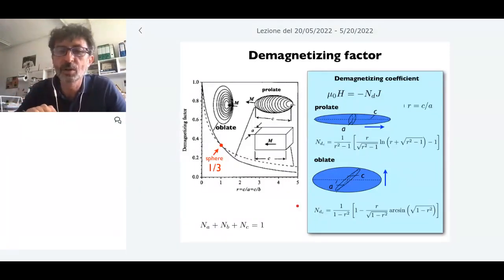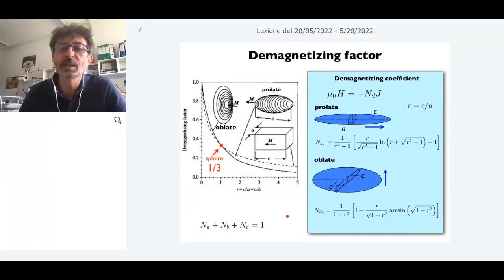It is not a direction of easy magnetization, but if you force it, you will find a strong demagnetizing field, a strong action of the magnetization. So if you take this curve here and go towards 0, you will find that the magnetizing factor tends to 1.